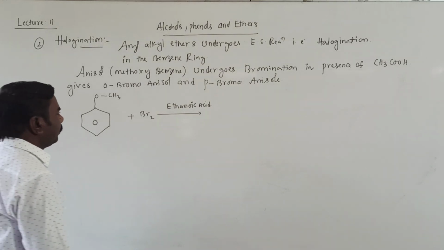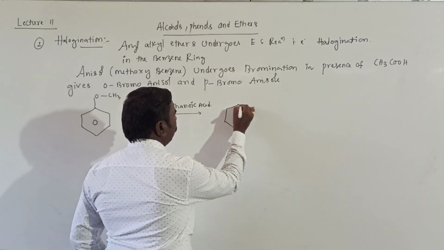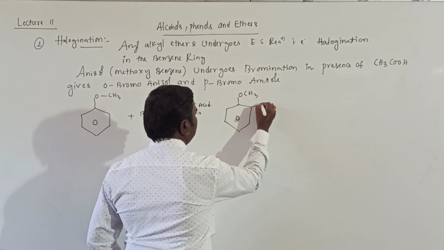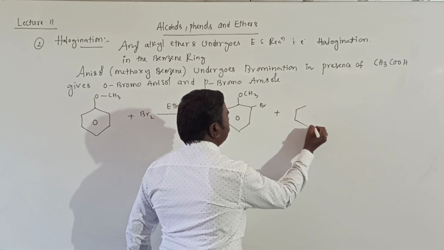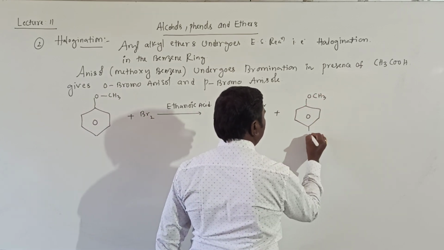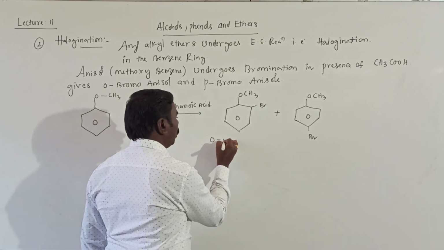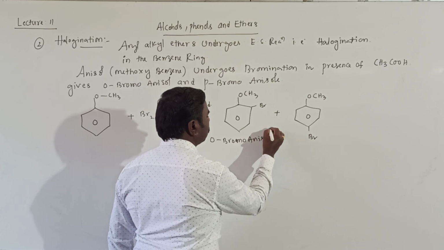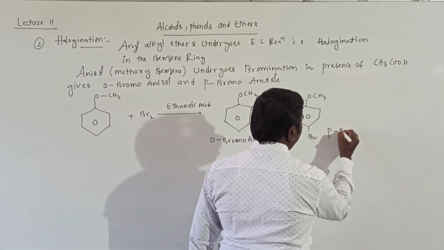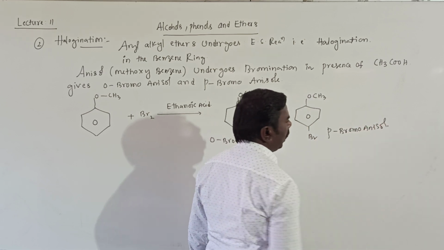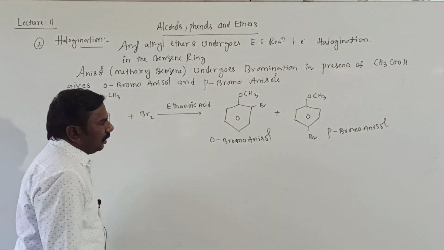Then it gives rise to one product, OCH3 with Br, and another one, OCH3 with Br. This is orthobromoanisole, and this is parabromoanisole.